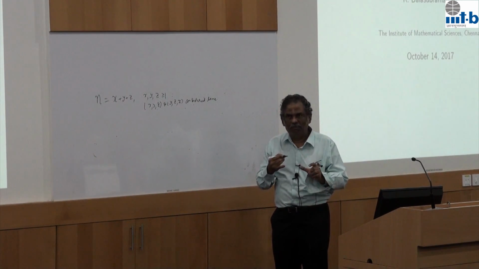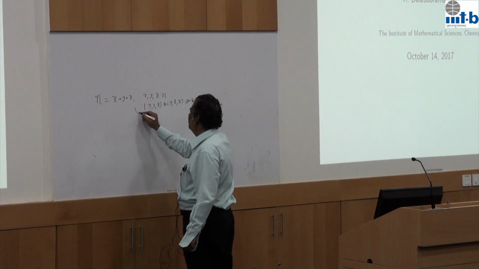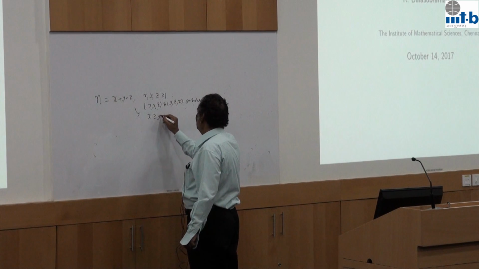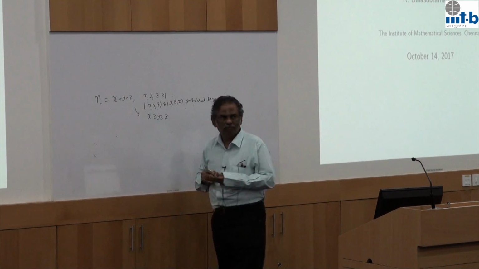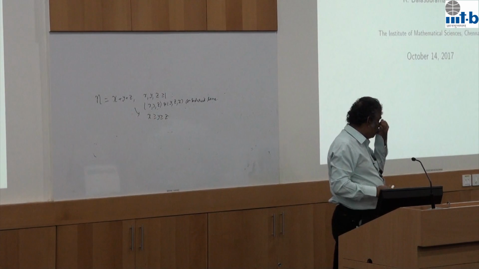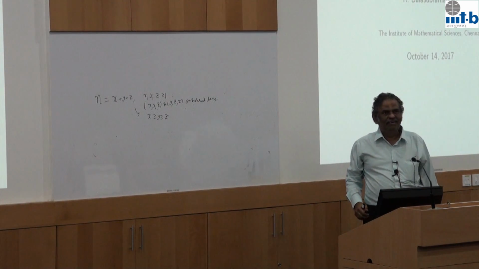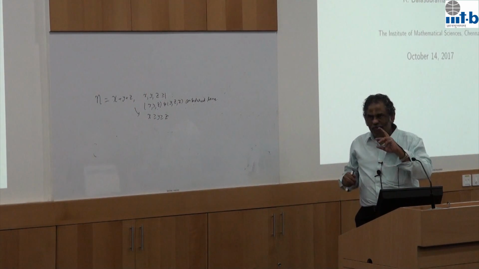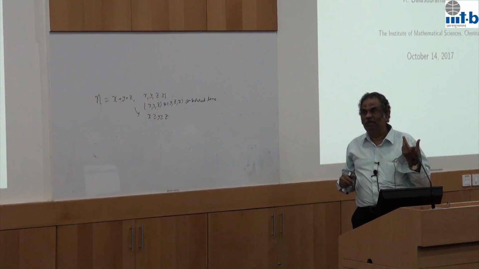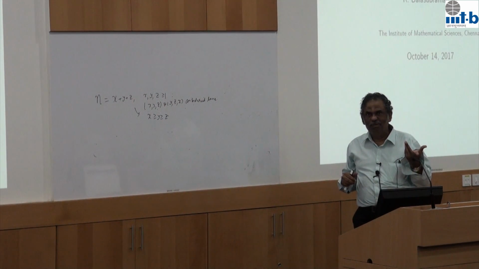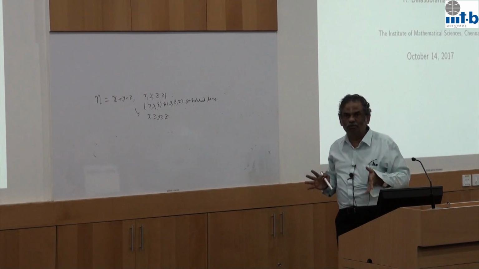Therefore, it's only the pairs. One of the easiest ways to do that is to make this assumption: if x is bigger than or equal to y, bigger than or equal to z, then this question of 513 and 531 both being considered will never arise, because you have already arranged an order. Okay, therefore we will make those assumptions.